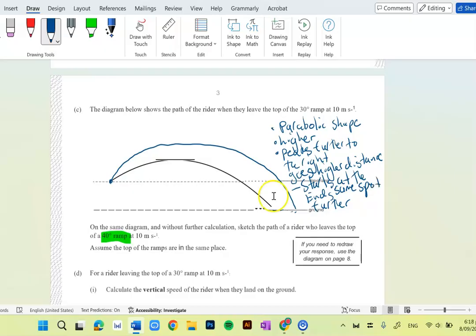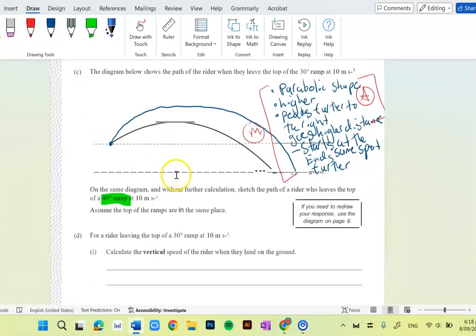If you have considered all those things, all 5, you get a merit. If you've done any 3, it's an achieved. Okay, next question.